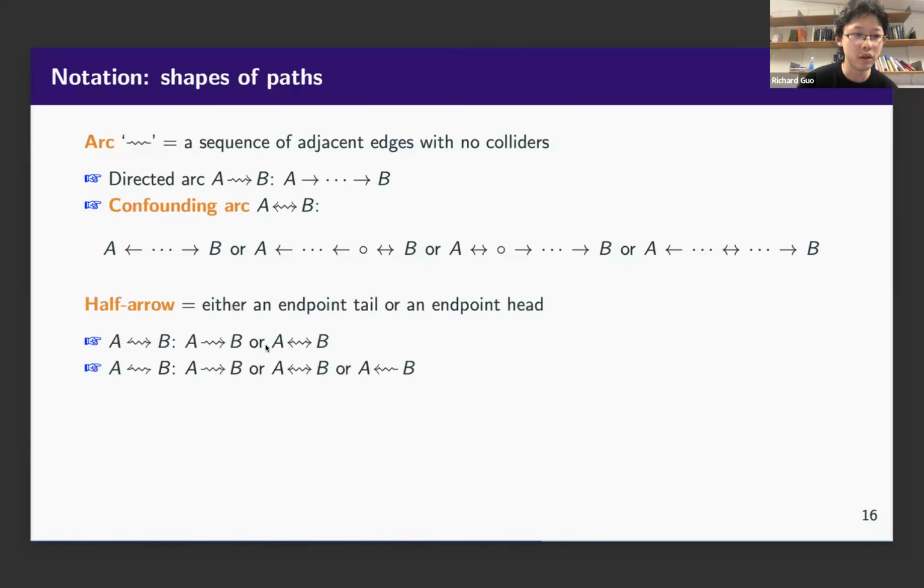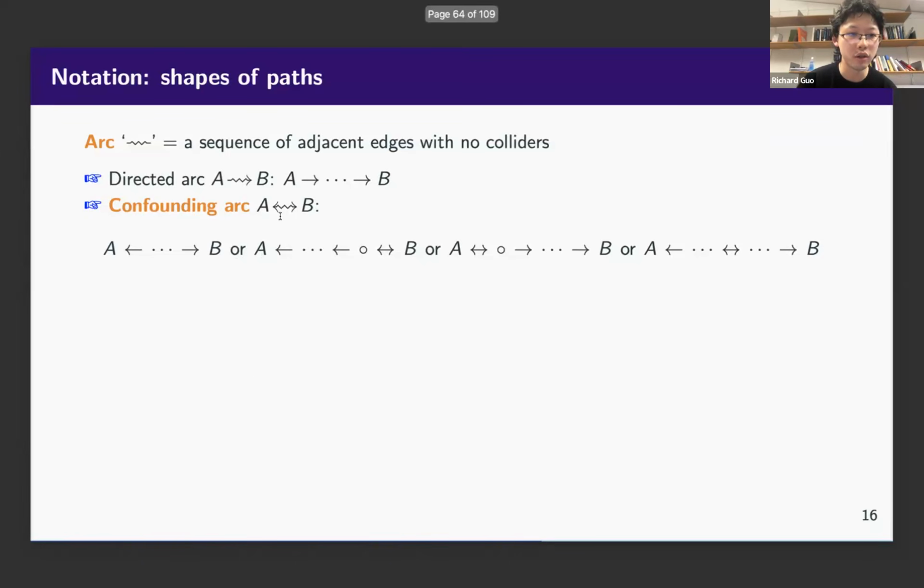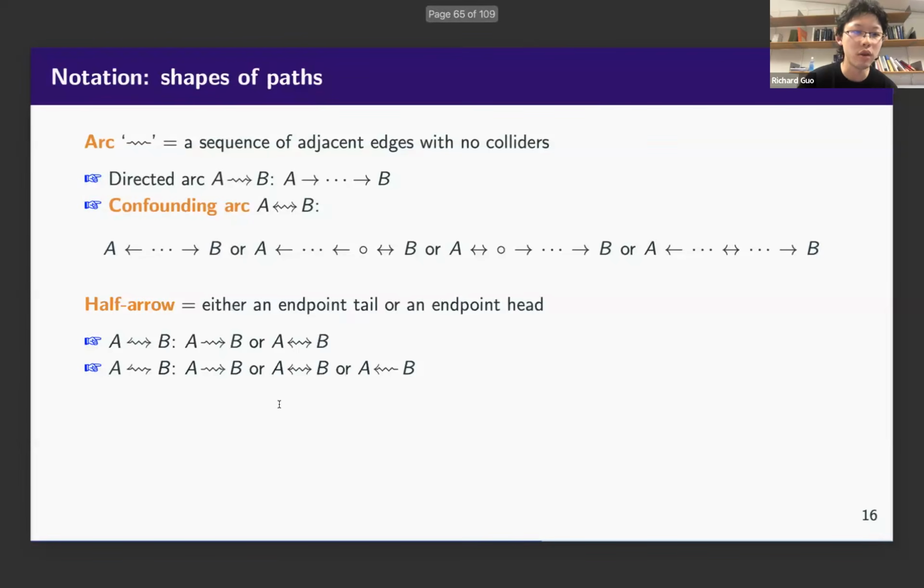Also, when we draw this arc notation, the actual paths it represents should match the endpoint arrowheads of this squiggly line. But if we don't want to restrict whether it's an endpoint tail or endpoint head, we can use this half arrow notation.